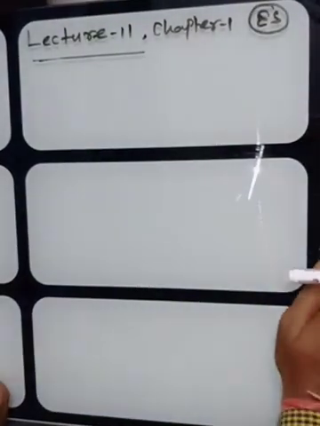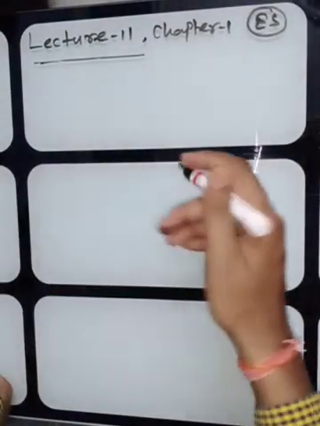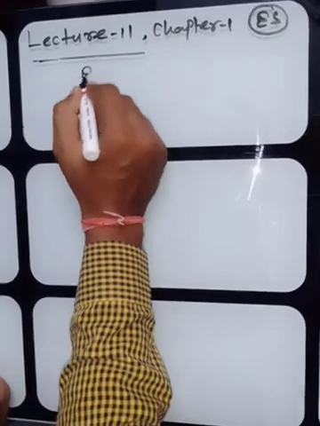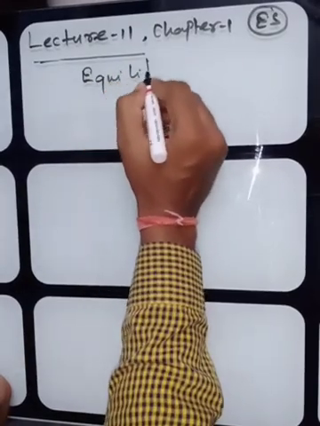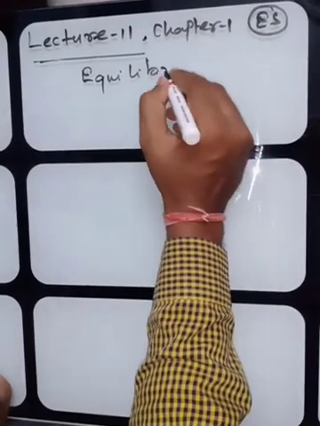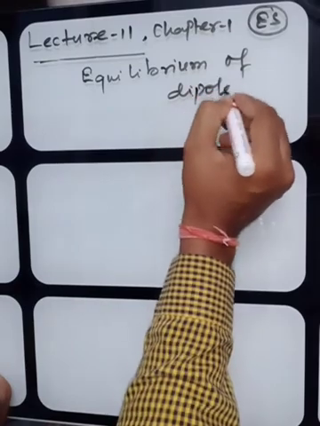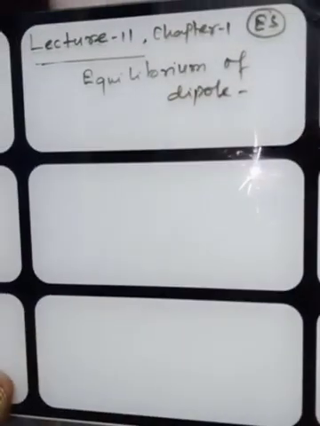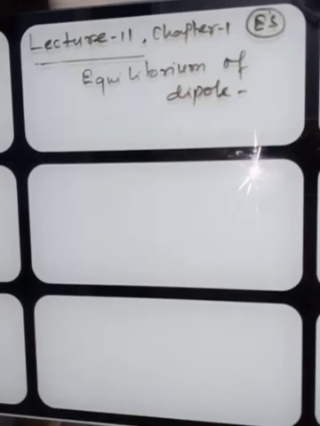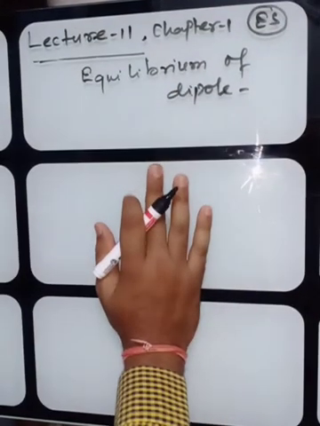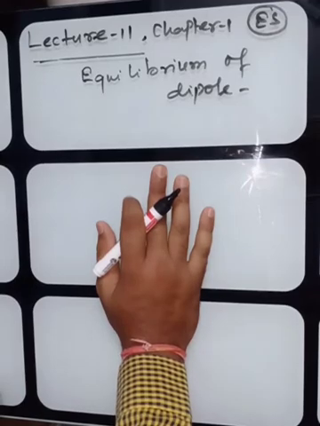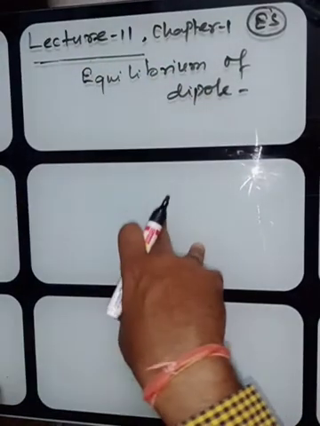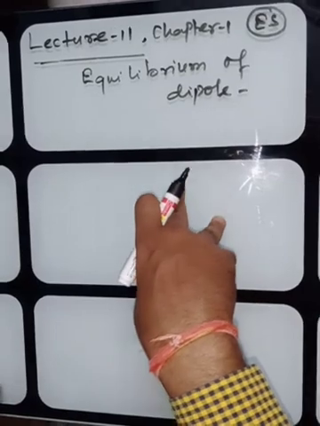One thing to remember, students, is the equilibrium of a dipole. This type of question will be asked in your board examination. Equilibrium of a dipole is not a very tough topic. If we say a dipole is in stable equilibrium, what does it mean?